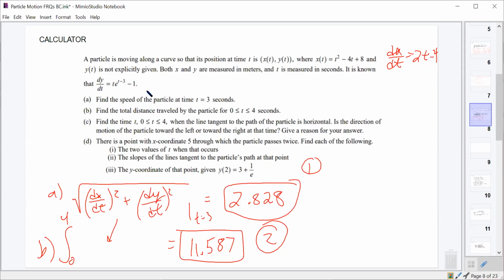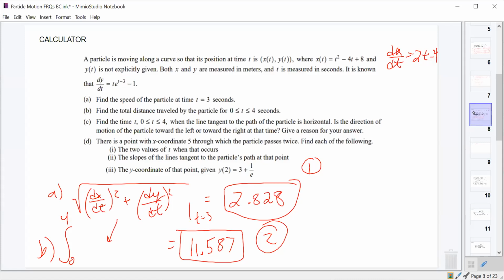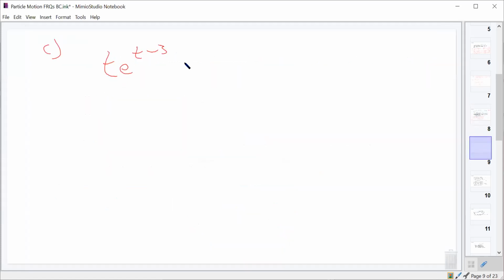So for part C, set t e to the t minus 3, minus 1, equal to 0. And what do you get? 2.207. Perfect. It says 2.207 or 2.208 on the scoring.